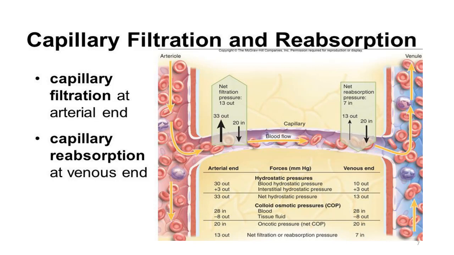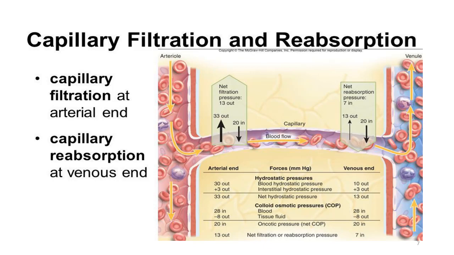Colloid osmotic pressure is 28 millimeter of mercury inside the capillary, and tissue fluid osmotic pressure is 8 millimeter mercury outside the capillary. The summation of all of these in the venous end is 7 millimeter of mercury inside the capillary. So there is a difference between the arterial end and the venous end.